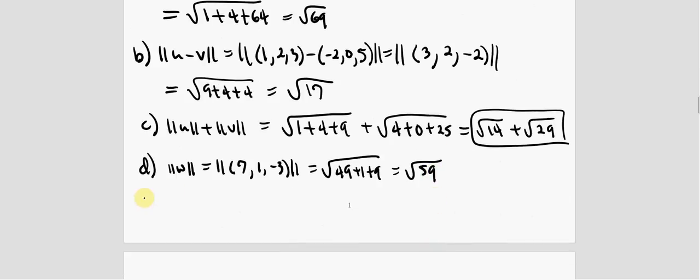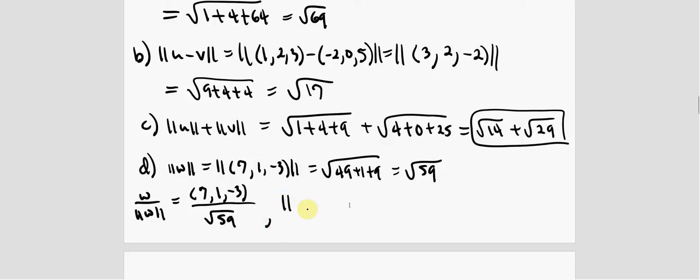Now let's find here W divided by the norm of W. So this is 7, 1, and negative 3 all over the square root of 59.